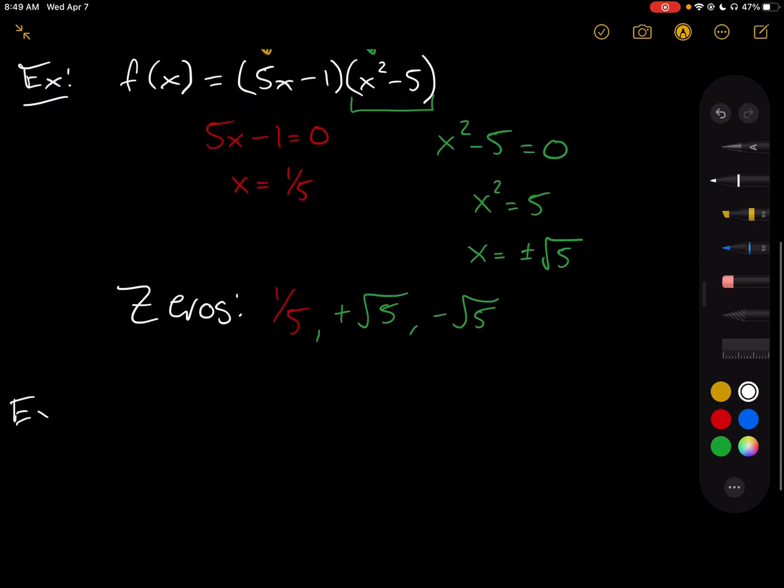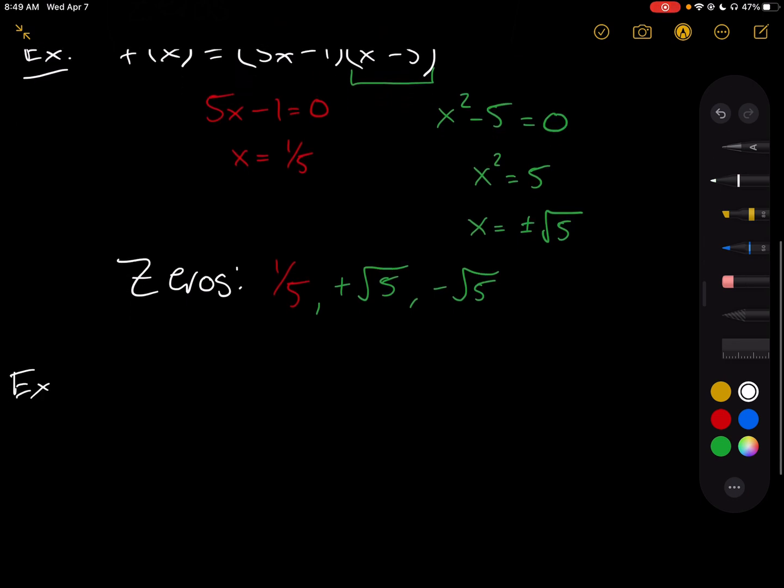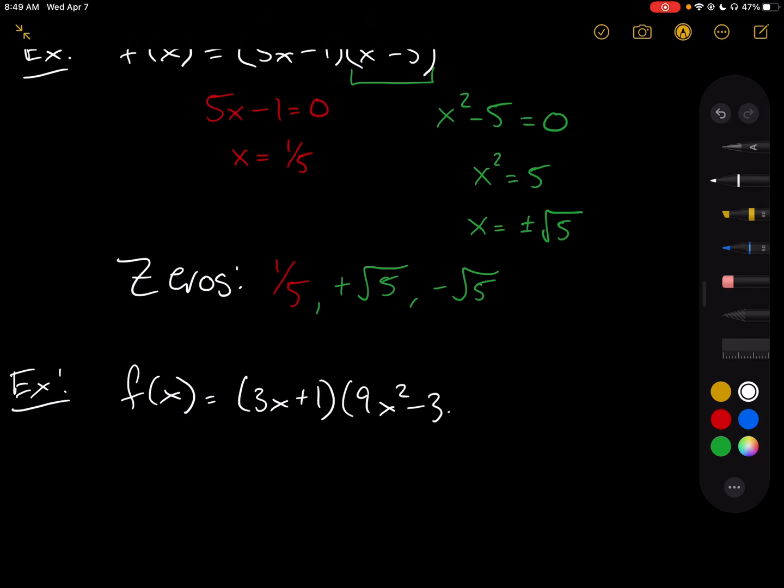One more example to look at here would be if I had something that looked like 3x plus 1 times 9x squared minus 3x plus 1, right?